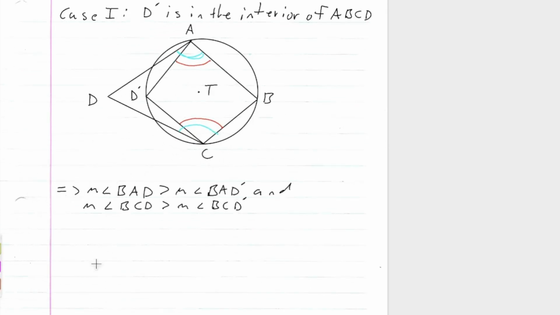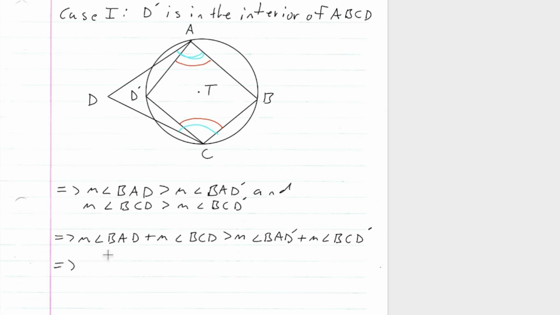Okay? So, of course, this implies that the measure of angle BAD plus the measure of angle BCD is going to be bigger than the measure of angle BAD prime plus the measure of angle BCD prime. Now, remember, we assumed that ABCD prime was cyclic, which by the first thing we proved means that the sum of the opposite angles is 180.